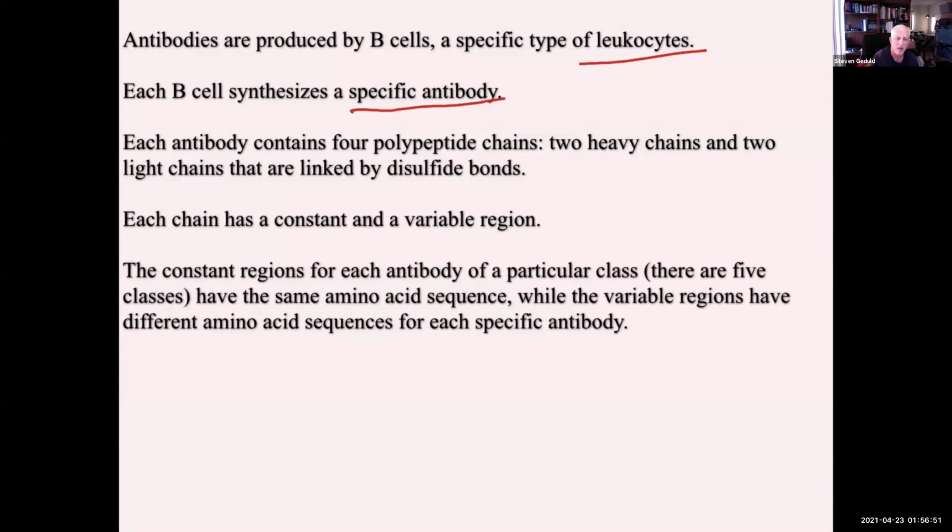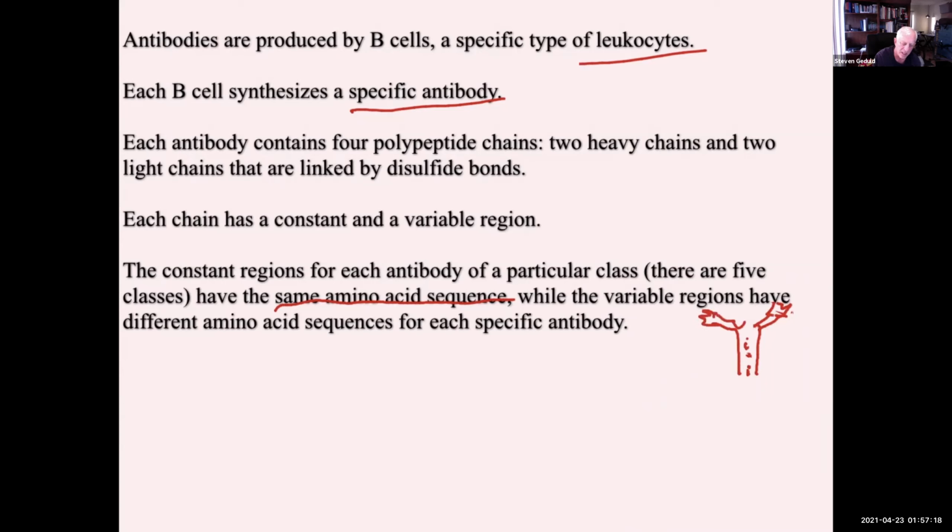The constant region of each antibody of a particular class, and there are 5 different classes of antibodies, has the same amino acid sequence that forms the basic structure that holds the variable parts together. In other words, this lower part here is the exact same for all antibodies. And then this upper part here changes to modify the shape to match the antigen it's specifically attaching to.